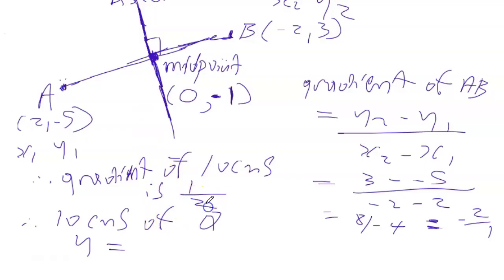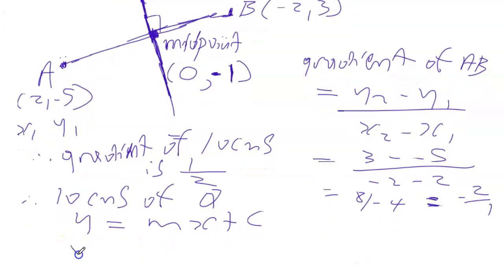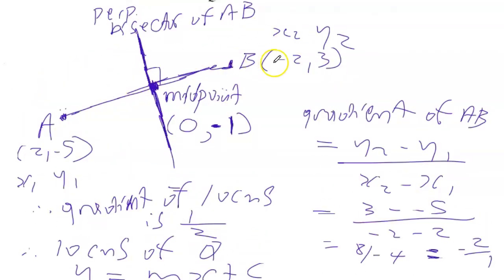You flip and change sign, right? So the locus of Q is y = mx + c, where m is half, because AB has a gradient of -2, so the negative reciprocal would be half for the perpendicular bisector.